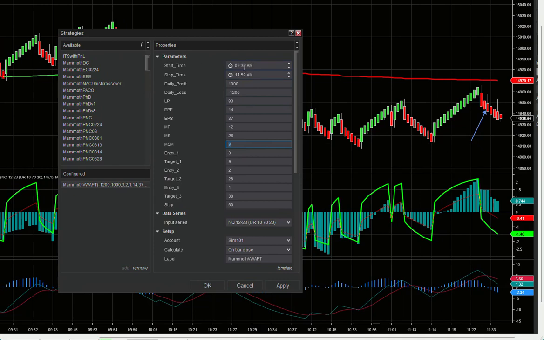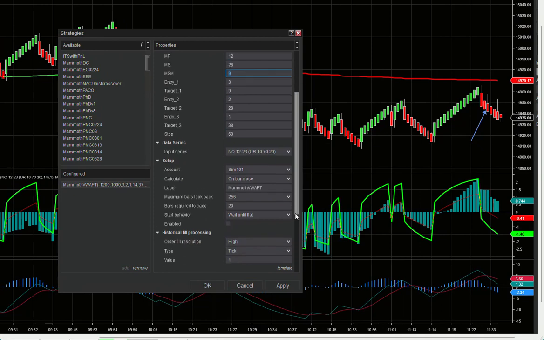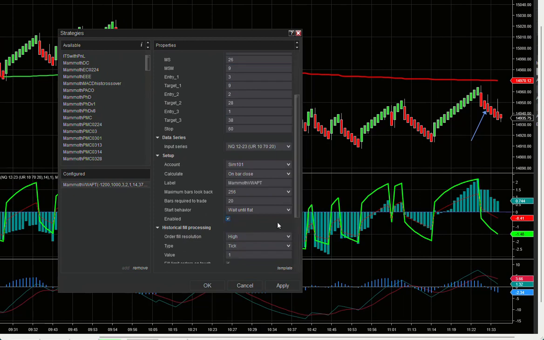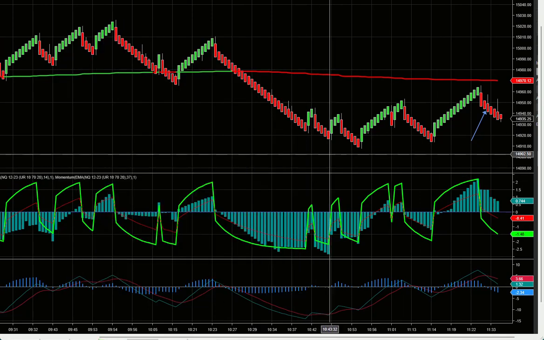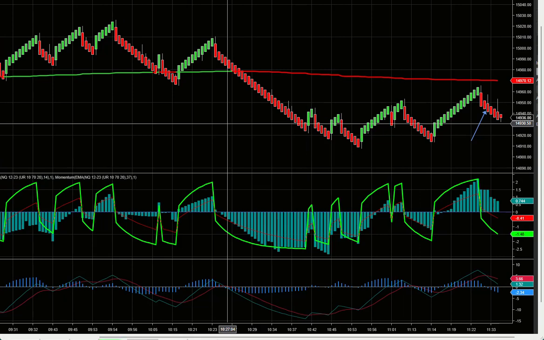Now the time also, you can change. You can do a strategy analysis to see what time frame is the best performing time frame. So let me enable this strategy, and then we can look at the performance. Then you can determine what you want to change or adjust based on this instrument.